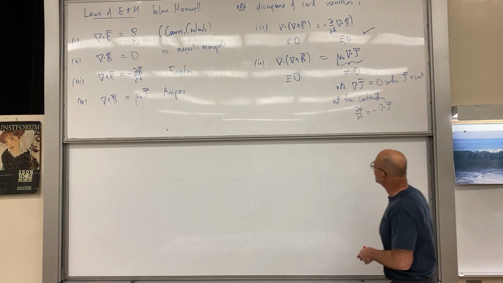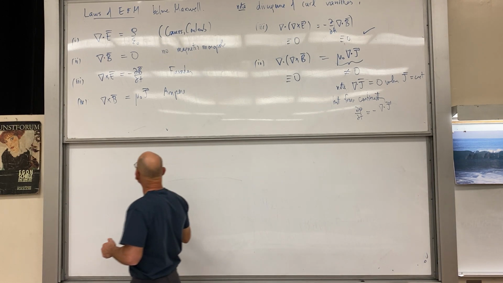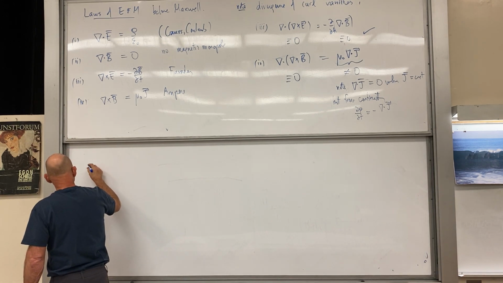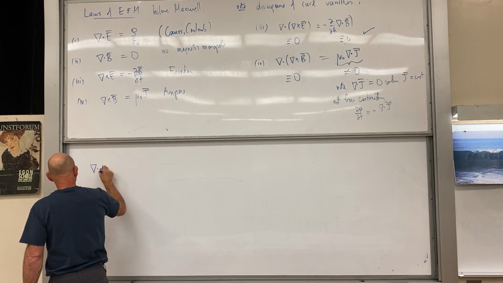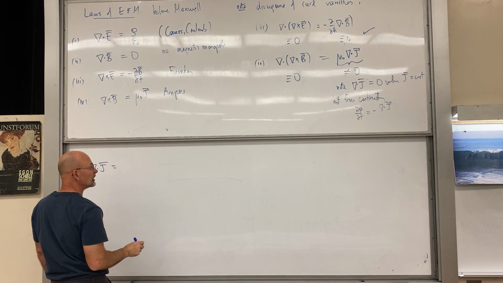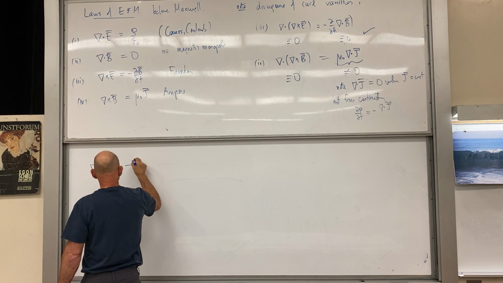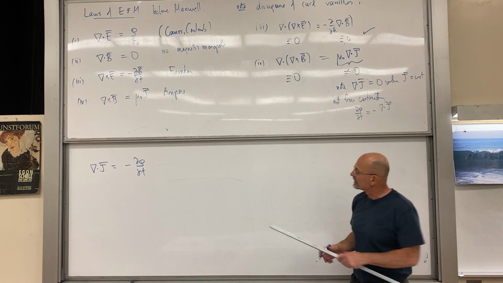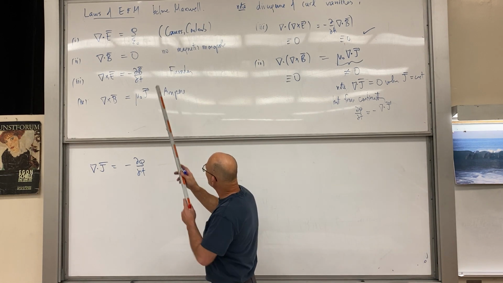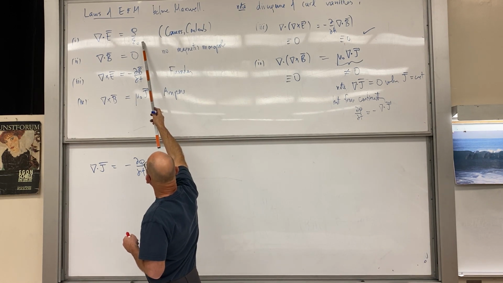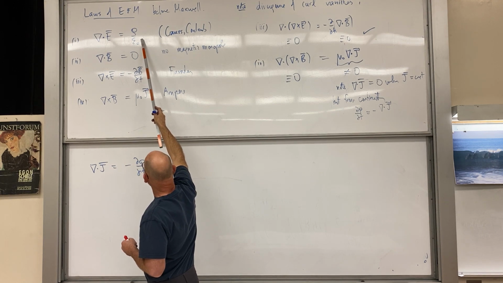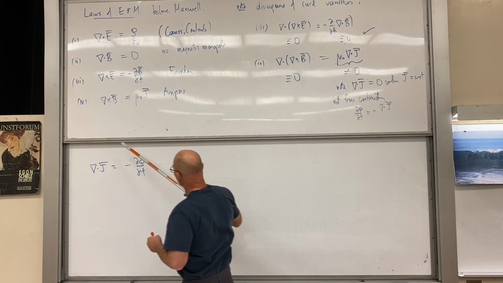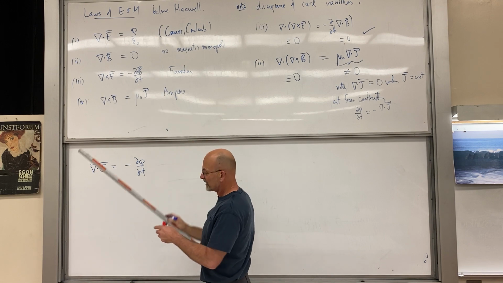So here's what we do. We're going to take the divergence of J equals minus d rho dt, and then express this in terms of the density right there, because that's the same charge density we're talking about. Okay, so what do we have?